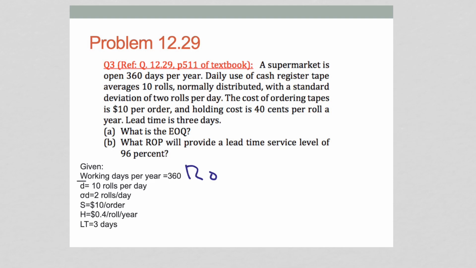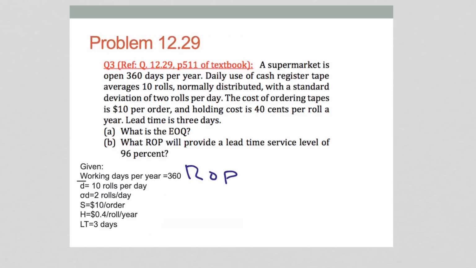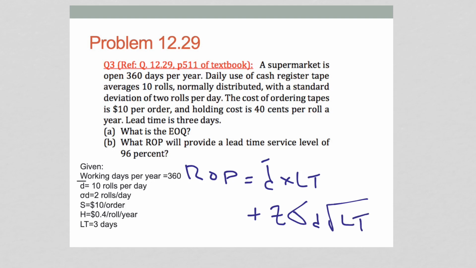So we have the fantastic formula. There it is. We're going to use that formula. The formula is a bit tricky to write on the screen, but I think it's okay. D bar times L, lead time, plus Z sigma D, square root of lead time. Look at this. We have everything we need.